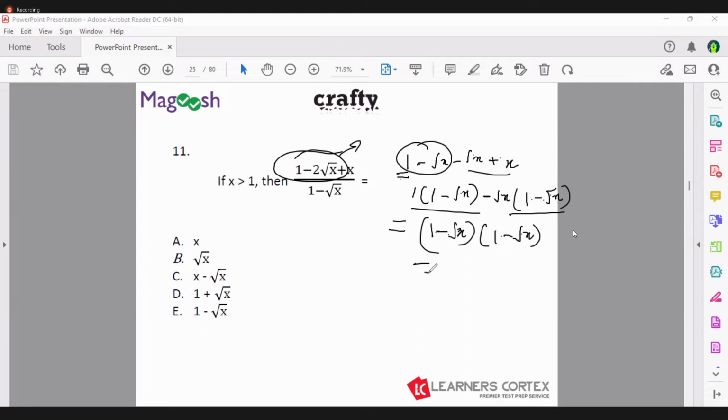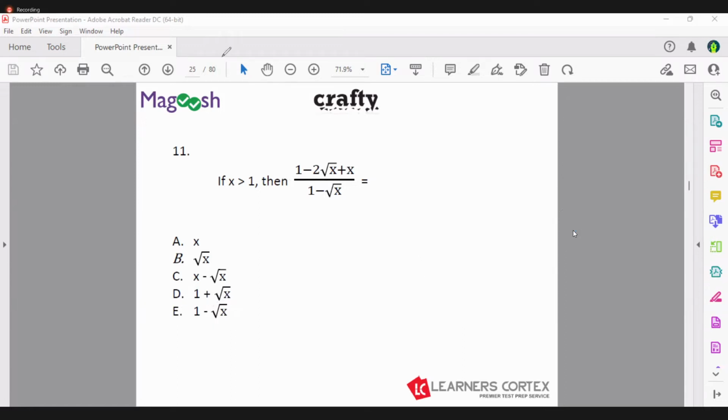So it becomes 1 minus root x whole squared, over 1 minus root x. The one bracket gets cancelled out with the other bracket, so the only one remaining would be 1 minus root x. So option E would be the correct option. Anyone who has understood this?